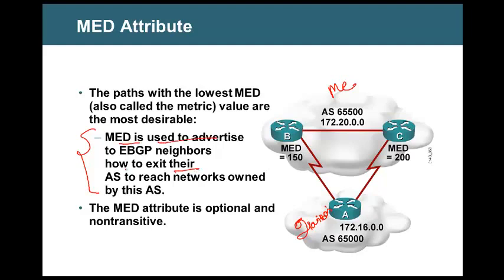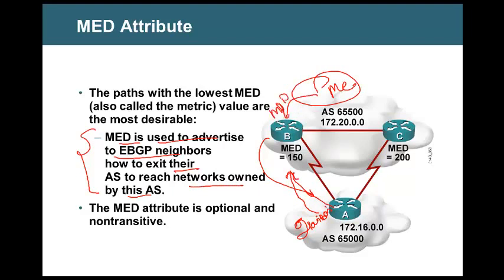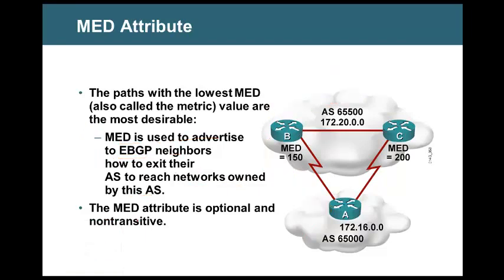MED is used to advertise to the eBGP neighbor how to exit their AS to reach the network owned by this AS. This is where MED is configured. And the MED attribute is an optional and non-transitive attribute.